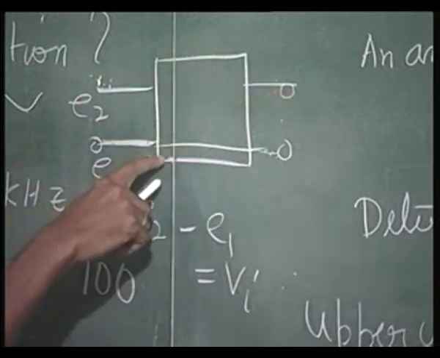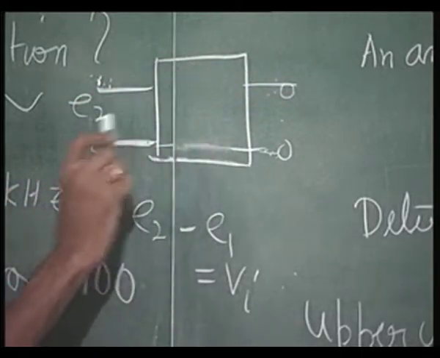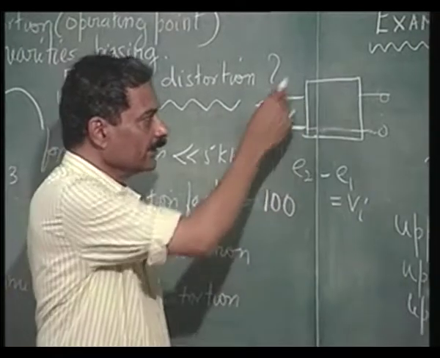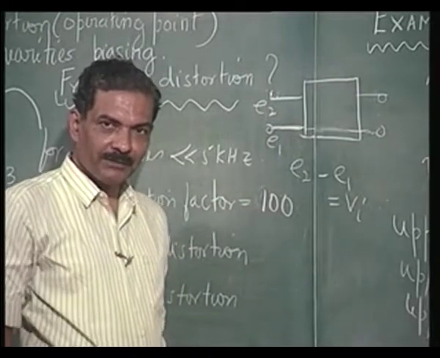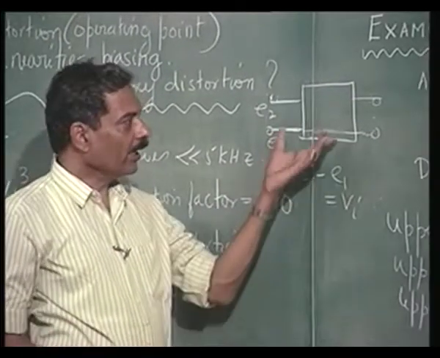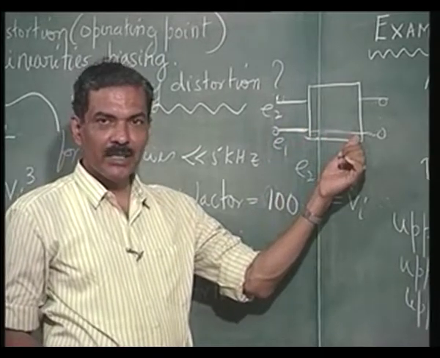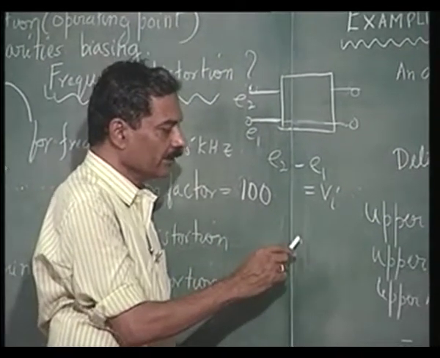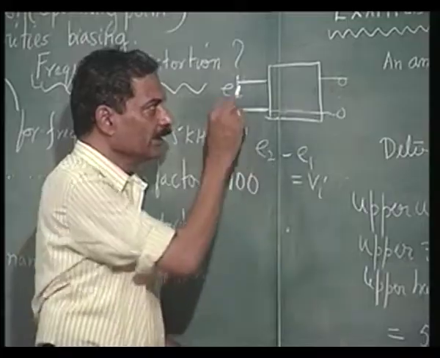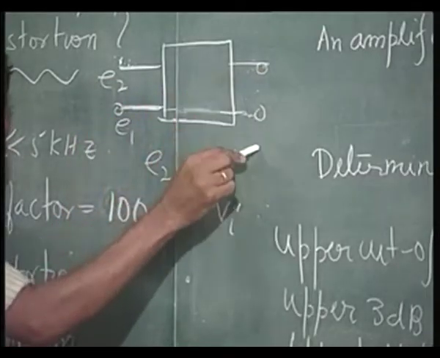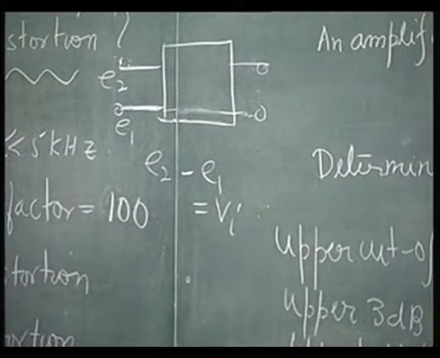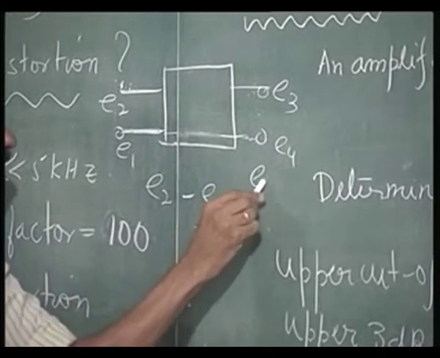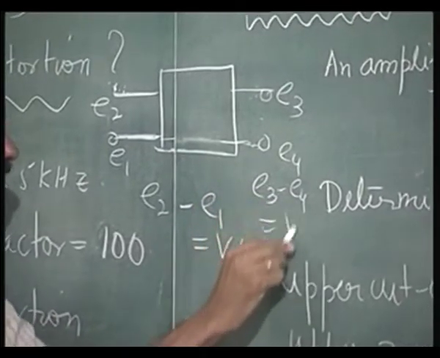If this is not there, then it is a 4 terminal and 2 port amplifier. Right. So, these discussions that we have had are going to be perfectly general, and valid for 3 terminal as well as 4 terminal amplifiers. These are only conceptual references. Now, if you take an arbitrary reference here, this will become a differential input and differential output amplifier. So, E1, E2, let us say E3, E4. So, E3 minus E4 is what we have been calling V0.